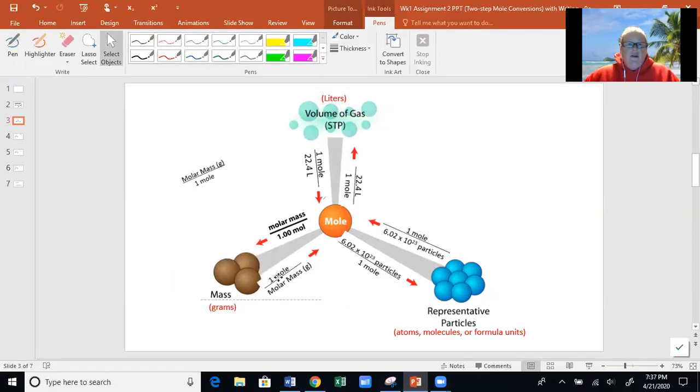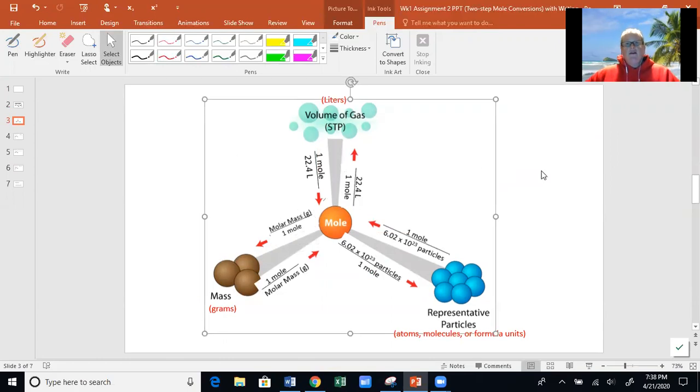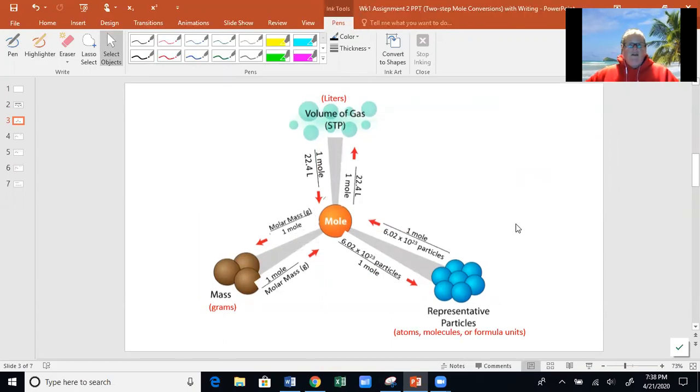The difference is they like to put 1.00 moles, and I just like to write 1 mole. That is my preference. I think this might look a little neater. If you like it, you could take a screenshot of it and use this, or you can use it just the way it was.